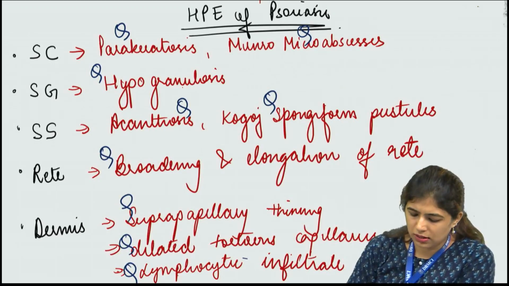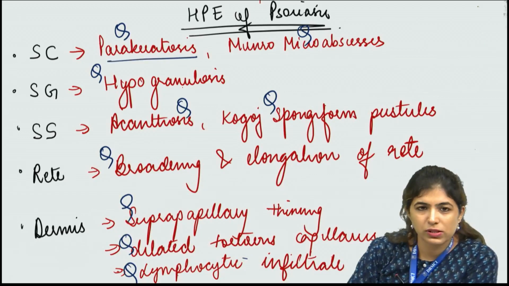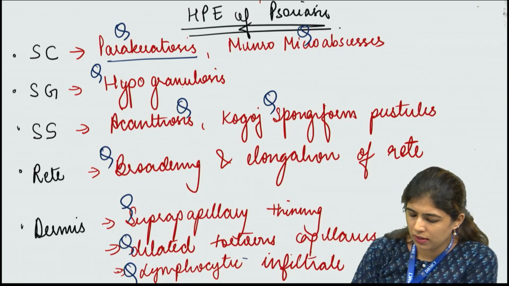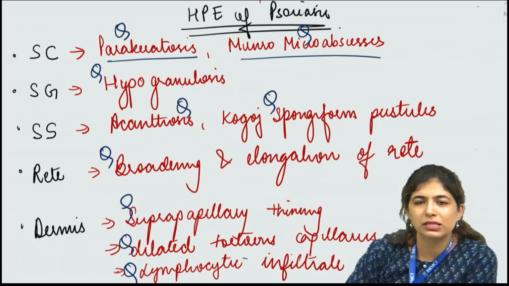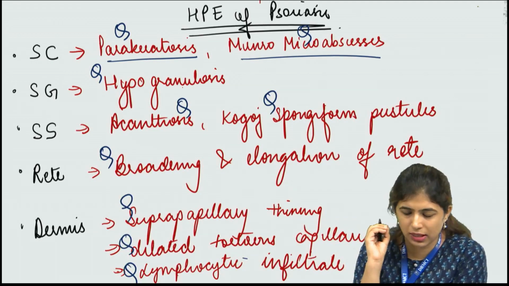Coming to the text, these are the points that you have to remember. Parakeratosis, which is presence of nucleated keratinocytes in the stratum corneum. Munro's microabscesses, as we've discussed, neutrophilic collections in the stratum corneum.